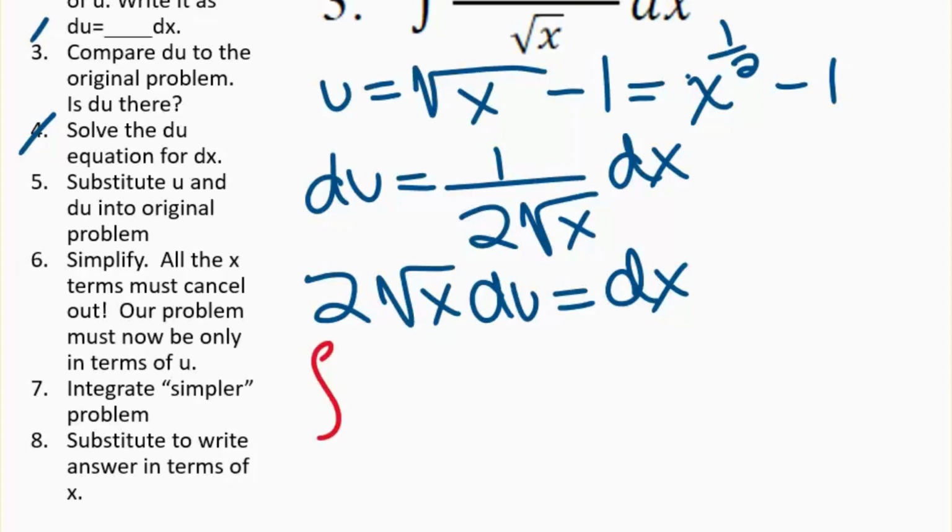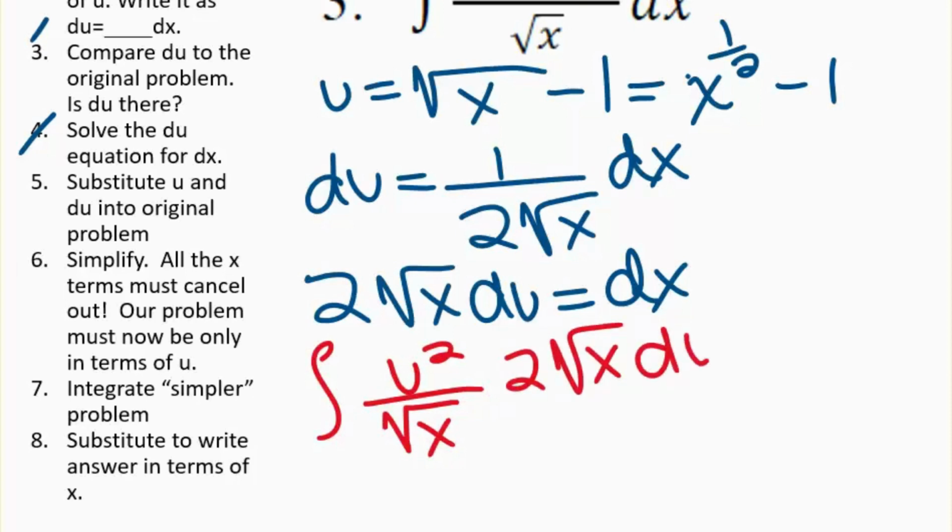So back in my integral, the top would be u squared. Remember, I'm not changing anything in that square root of x. There's nothing to substitute in. But then instead of dx, I can write down 2 square root of x du. Here things are going to cancel out and simplify.